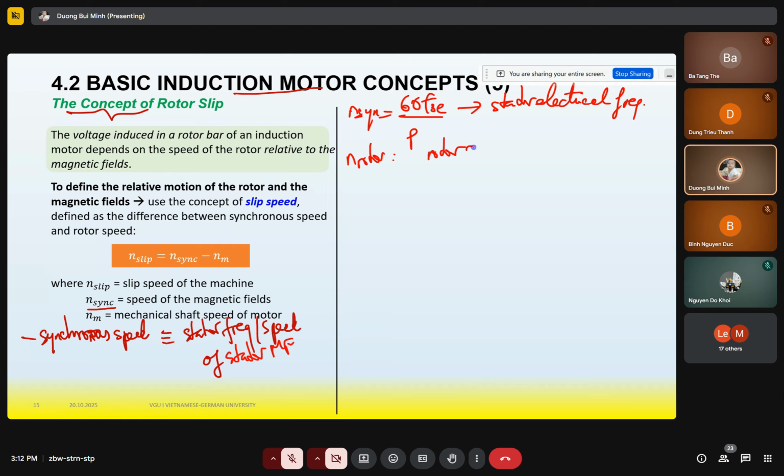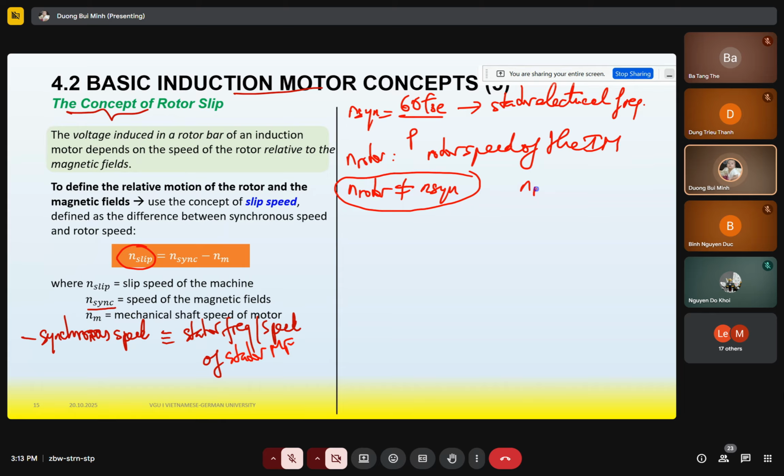Next we have the rotor speed of the induction motors. Of course, the rotor speed is different from the synchronous speed. The difference between synchronous speed and rotor speed is the slip speed.